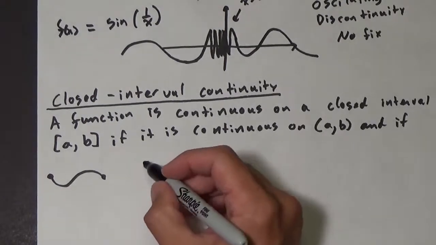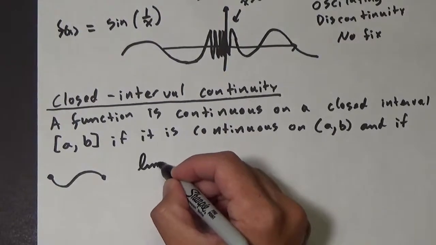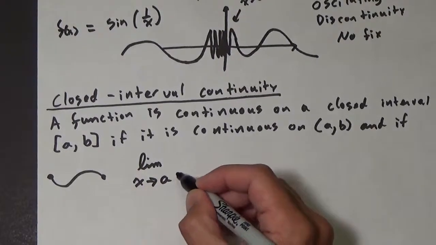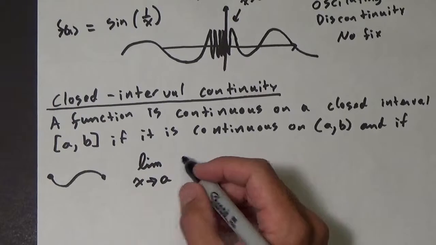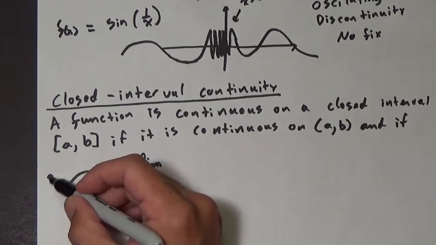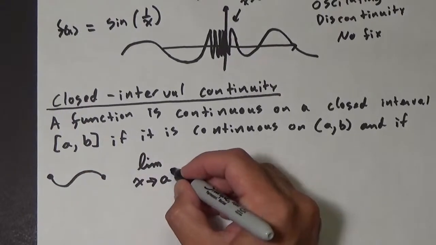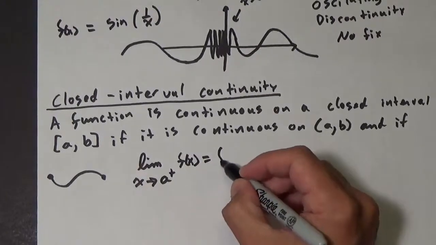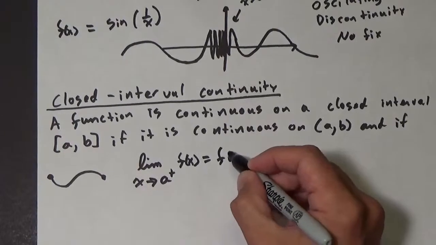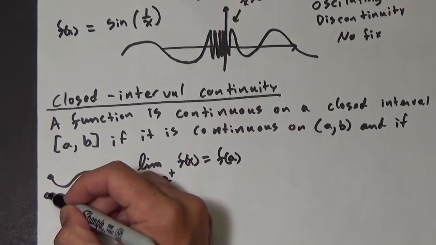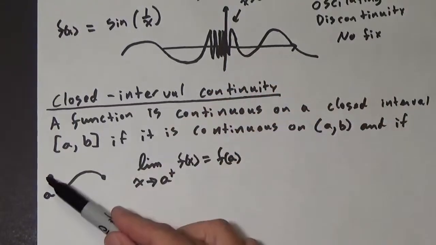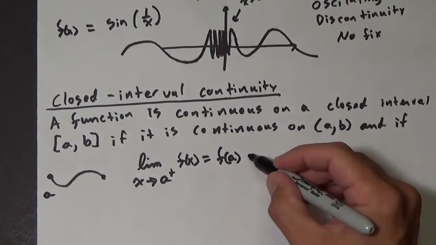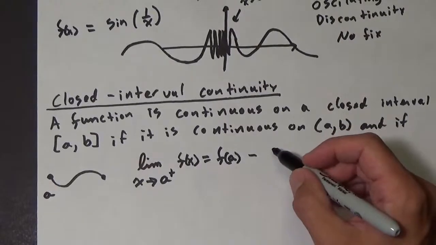The first one is going to be the limit as x approaches a from the right-hand side of f of x equals f of a. So this would be a right here. If the right-hand limit equals f of a, then it is continuous, and we call that continuous at a left endpoint.